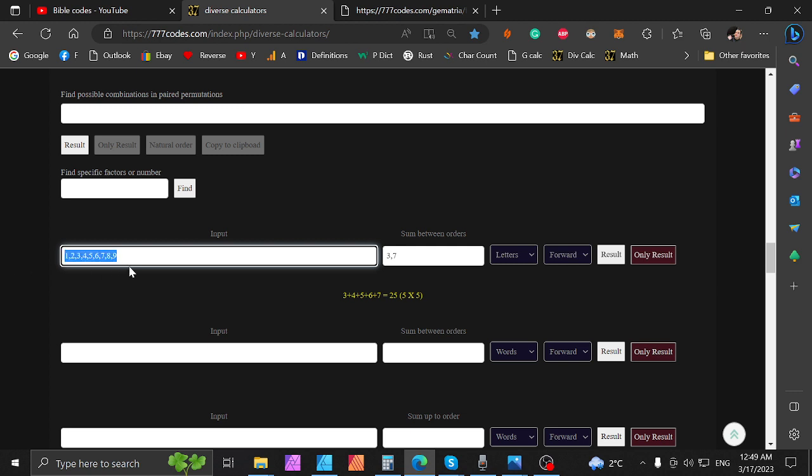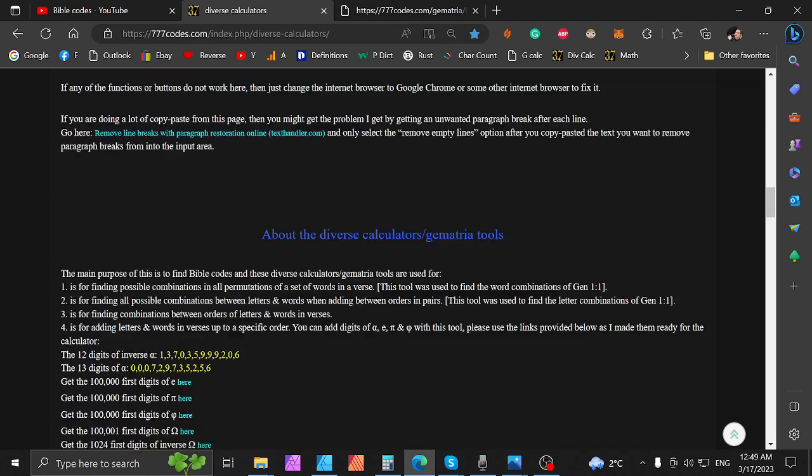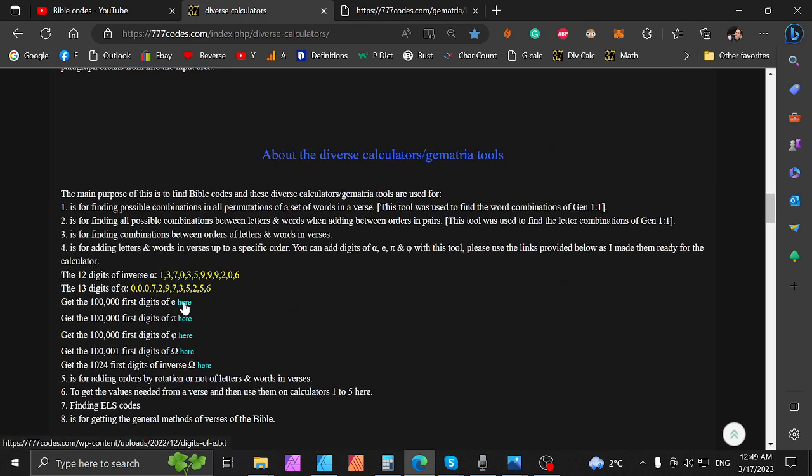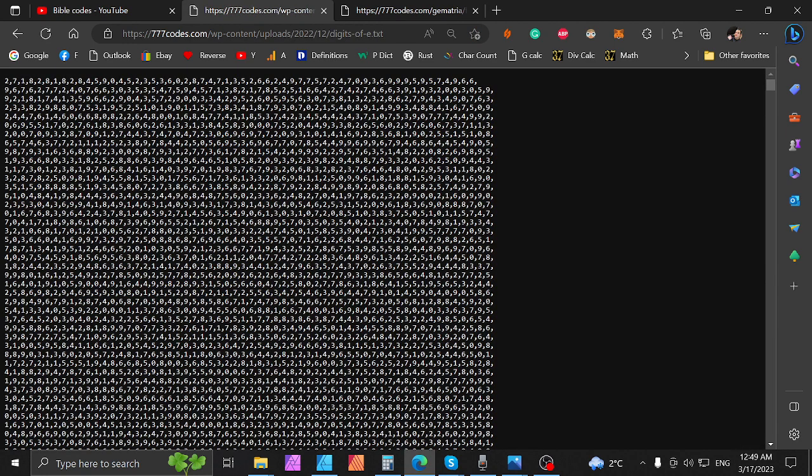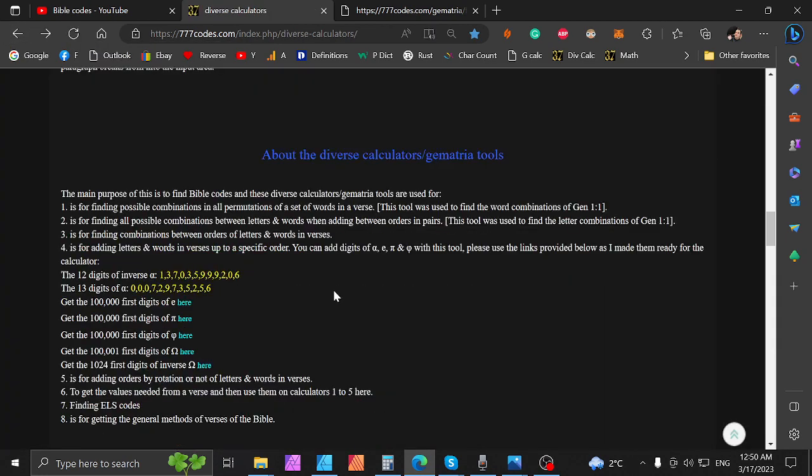So you can add digits of constants like pi, alpha, e and the golden ratio. I have those constants here, so you can just click here, and here are 100,000 digits of e ready to be imported into these calculators.